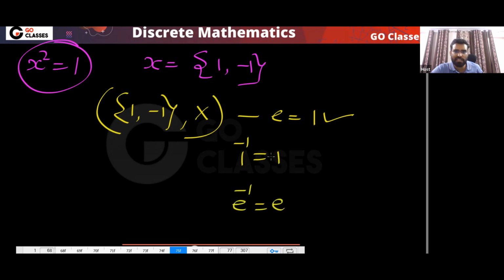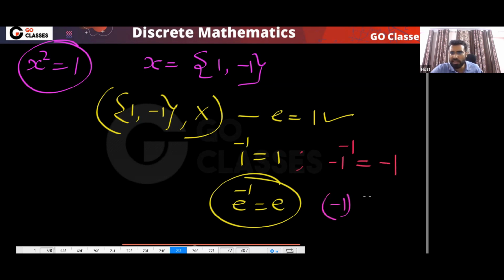We have already seen this in the last class. And what will be the inverse of minus 1? It will be minus 1, because you can check: minus 1 times what should I put here such that I get 1? I should put minus 1, right? So that's the idea. This is also a group.